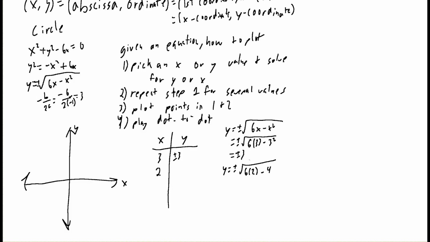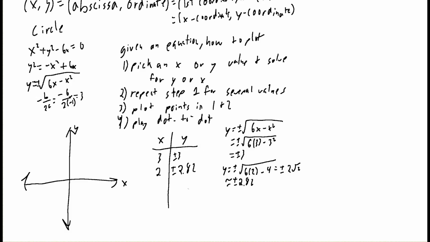The square root of 8 is 2 root 2, which is not very helpful. So I'm going to go ahead and ask my calculator for that. 12 minus 4, square root: 2.82. So this is approximately plus or minus 2.82, and exactly equal to plus or minus 2 root 2. I would like to know the actual decimal version of this so I can write it down right.